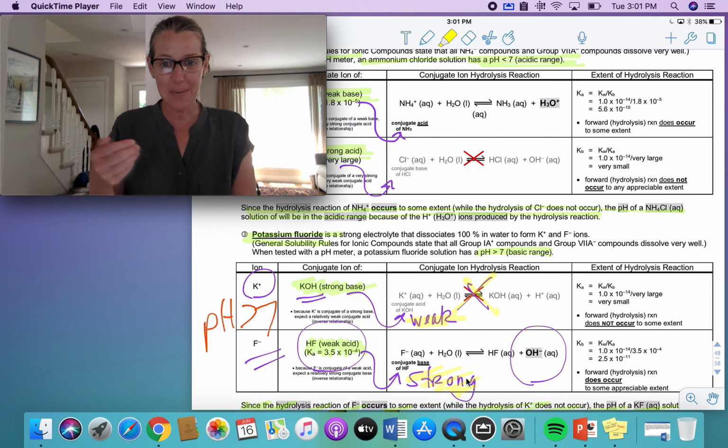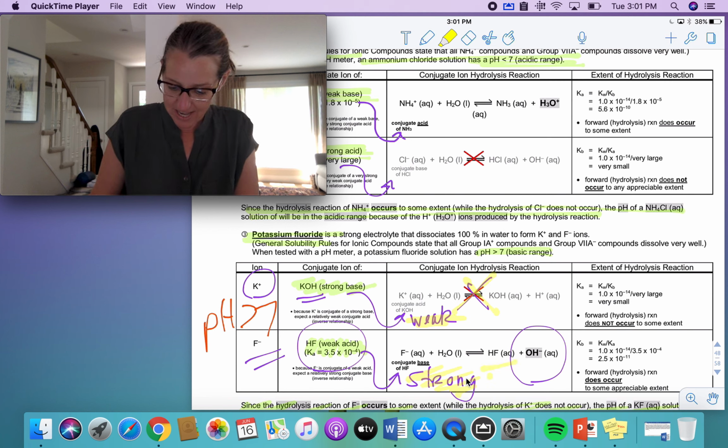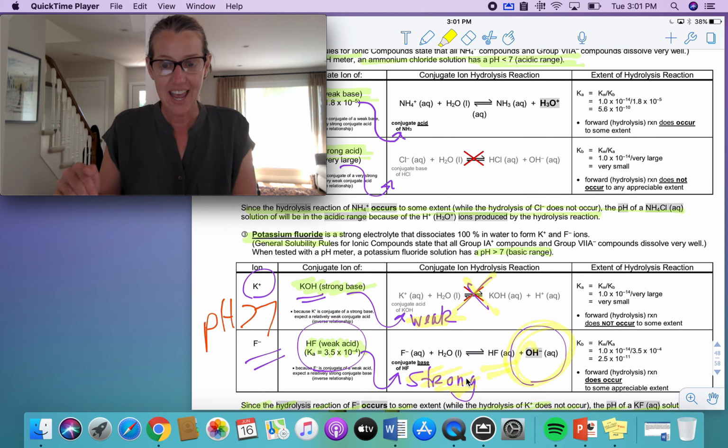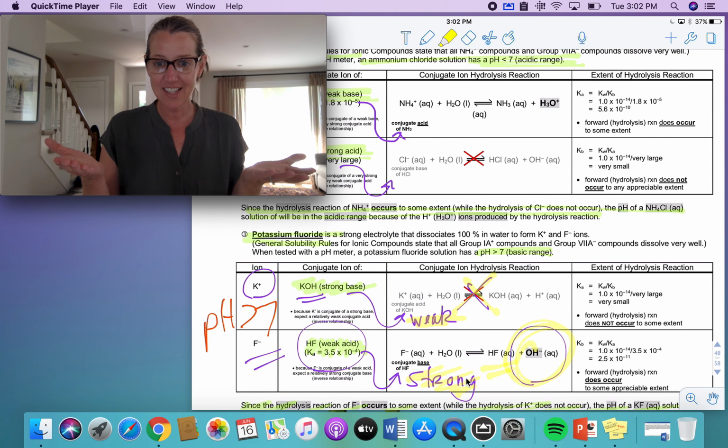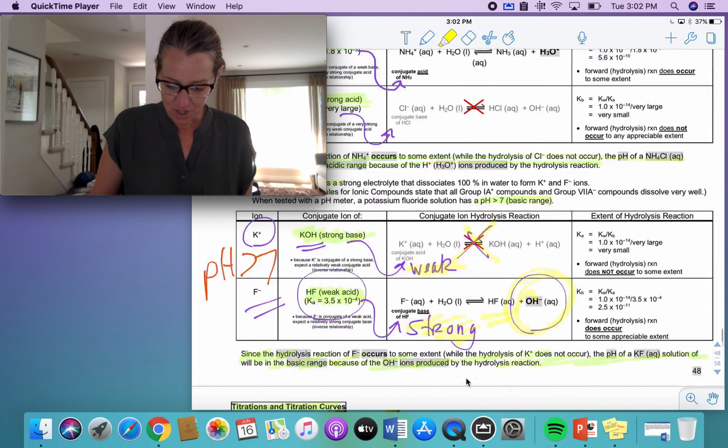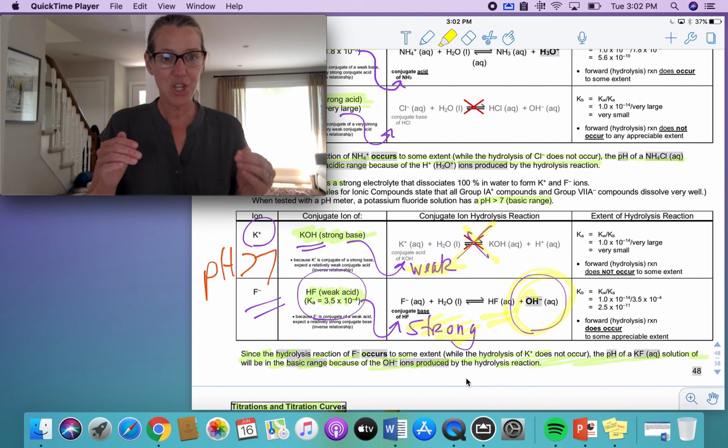It's going to be a proton acceptor, and look what's happening. It'll pull water apart attached to the fluorine, and now you've got hydroxides. So then you had some hydrolysis of water, and what kind of ion is left in that solution? Hydroxides. So because it occurs, you have an excess of hydroxide ions.